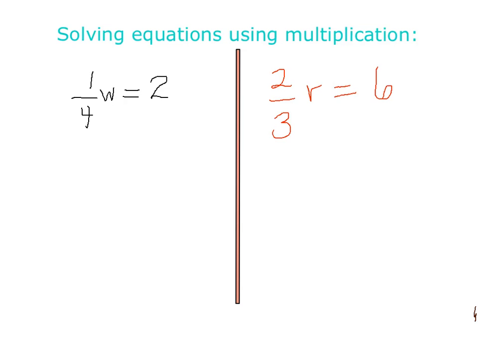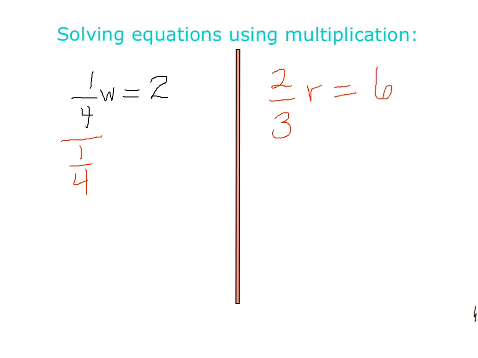But the problem we have with this is that to solve this problem, we are literally going to have to divide by 1/4. Okay? Now, dividing by fractions is kind of a pain. So, if you remember when we've discussed dividing by fractions, we just simply flipped them and multiplied.